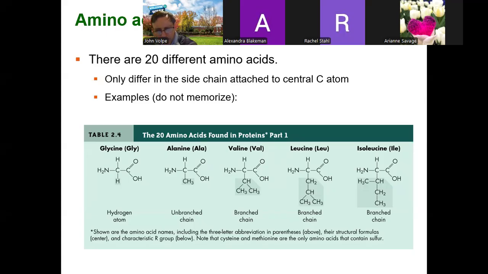The oxygen and nitrogen pull on the electron more strongly, so that electron, instead of being shared between two atoms, will be pulled towards the electronegative atom, in this case, oxygen or nitrogen, making a polar group. All of these are nonpolar because there is no oxygen or nitrogen in the R group.